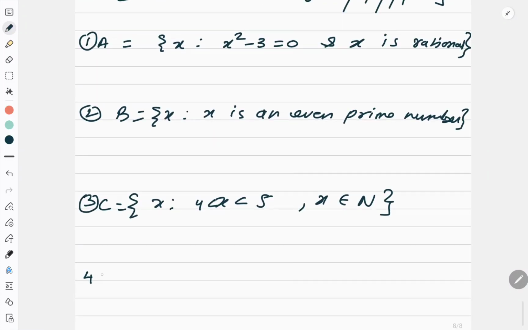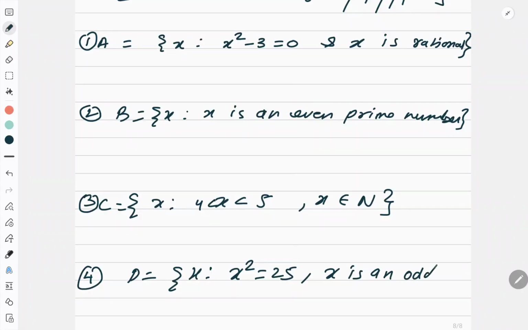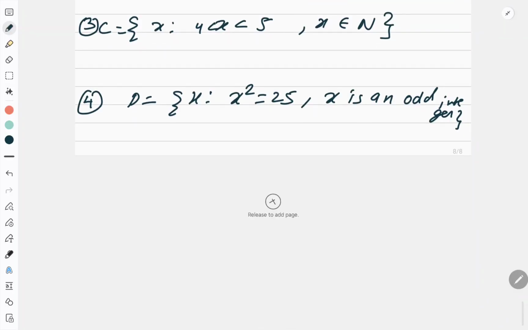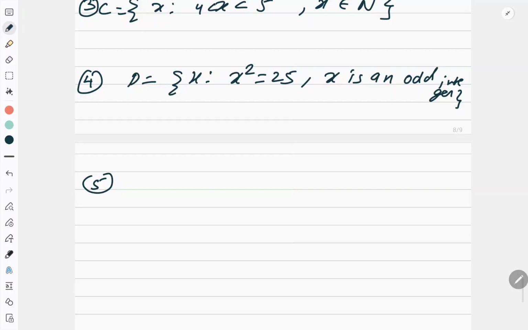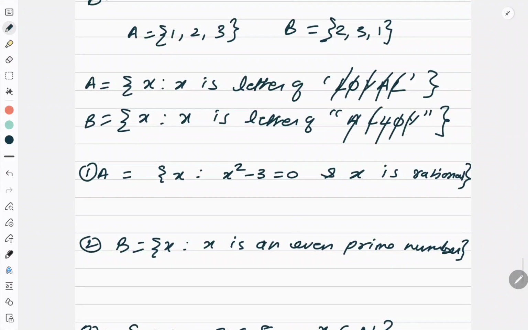Fourth, D is equal to {x such that x squared is equal to 25 and x is an odd integer}. Then fifth, E is equal to {x such that x belongs to Z and x squared is even}. Correct. Now let us see the answers for these questions.